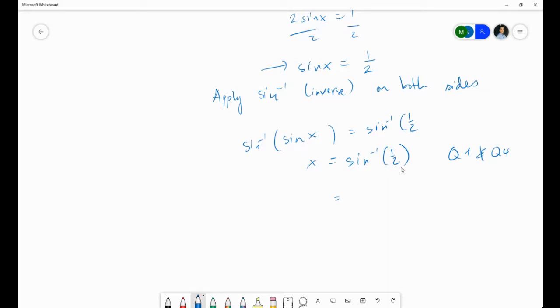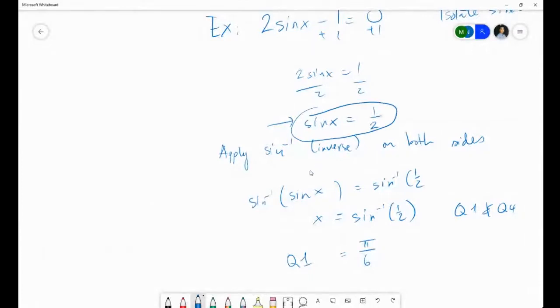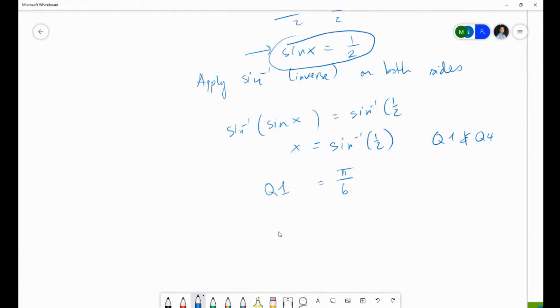And since 1/2 is positive, the angle is going to be in the first quadrant. So sine inverse of 1/2 is going to give me pi over 6. Now this is only in quadrant 1. Now remember that we're trying to solve for sine x, okay? That means we have to reflect this to the other quadrant where sine is also positive, and that happens to be quadrant 2.